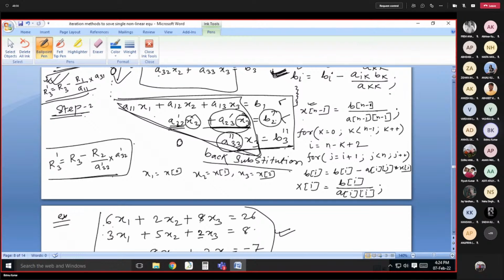You just see here, this is the last value. That is the total step I have written, but for reducing purpose I have used a comment here. For j equals to i plus 1, from the next variable, not this variable, all those terms I am bringing to the right hand side, and that is renamed as new bi.